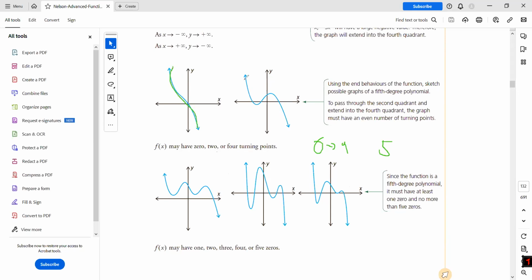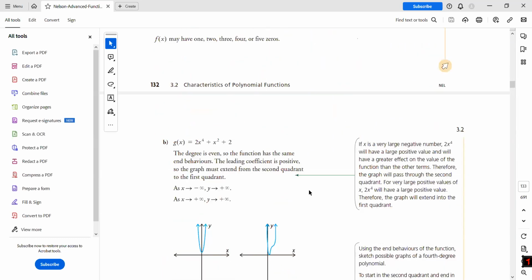And here is 0, here is 1, 2, and here 1, 2, 3, 4. So our function can fluctuate in this range, but the end behavior would be solid as we defined it.